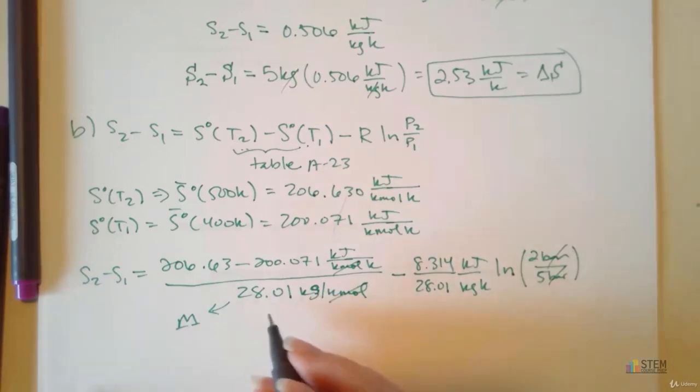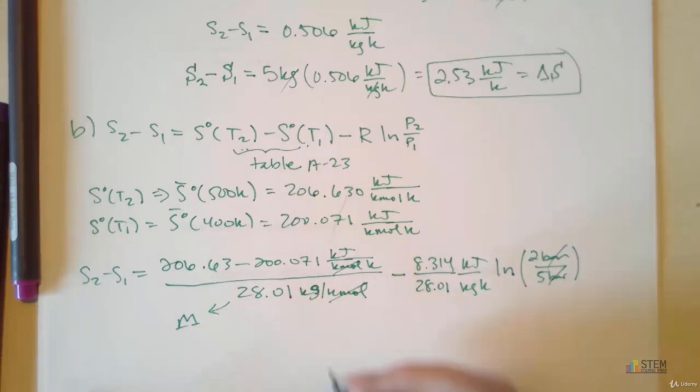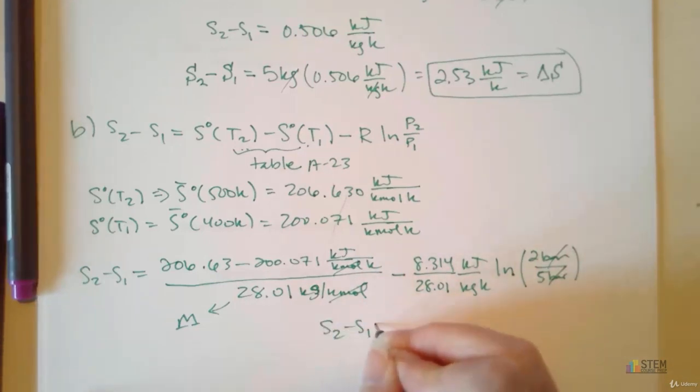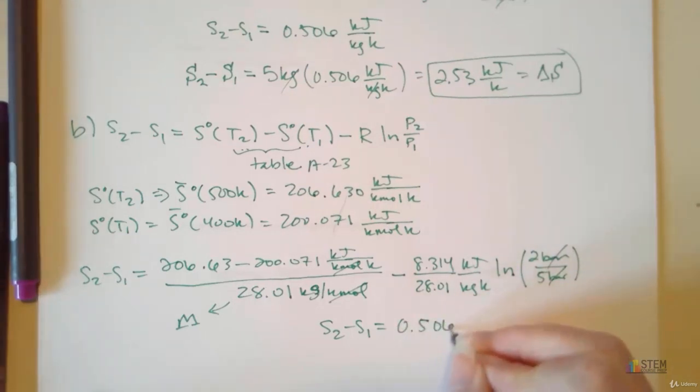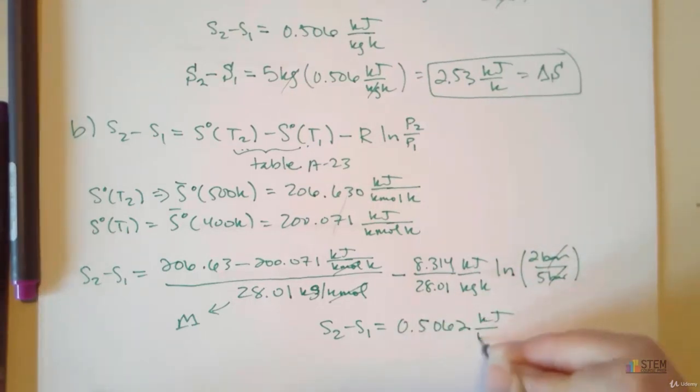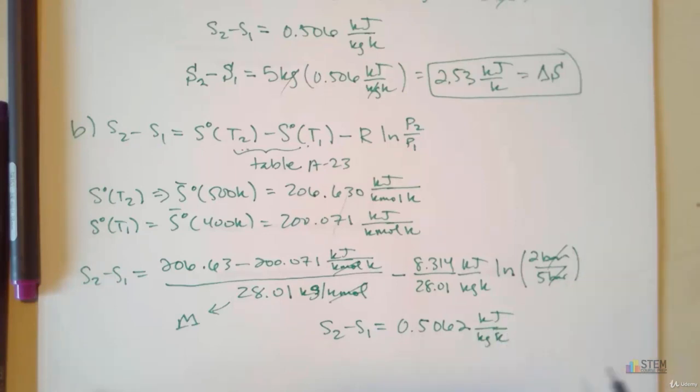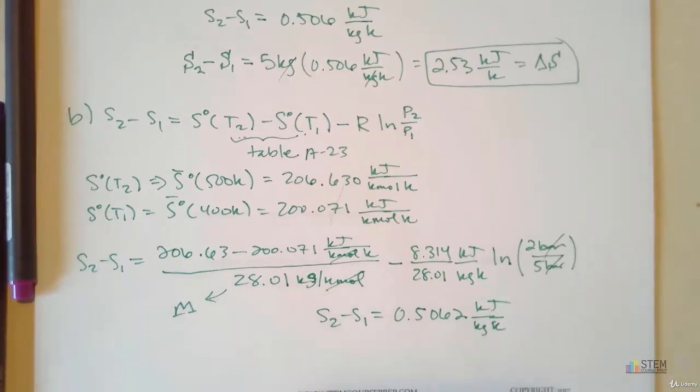So now you can go through and solve. So what you'll get is a change in entropy of 0.5062. That's kilojoule per kilogram Kelvin. Now, again, notice we have kilogram down here. That means this is specific entropy. These are little s's, remember. Specific entropy, we want just entropy.